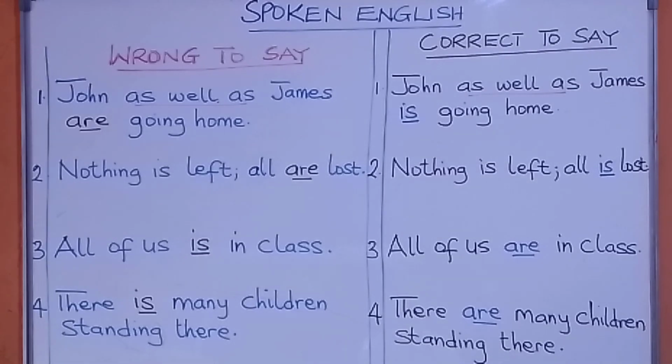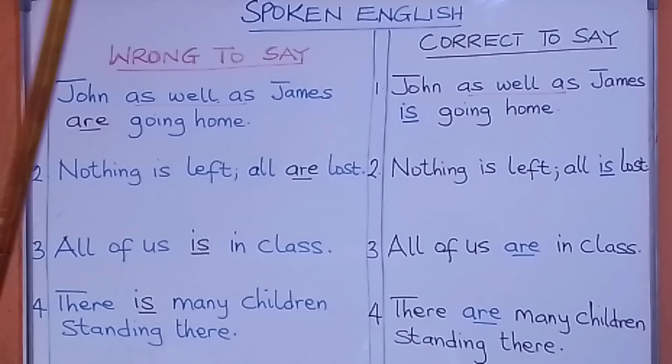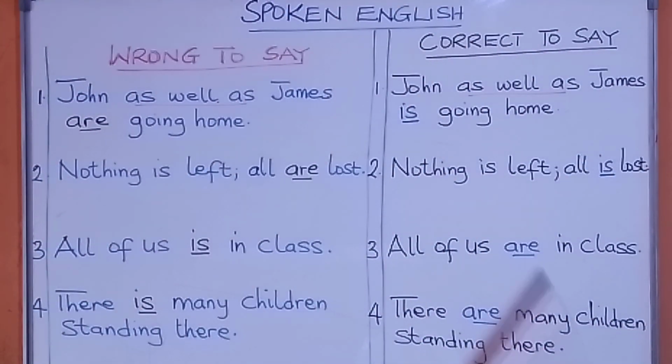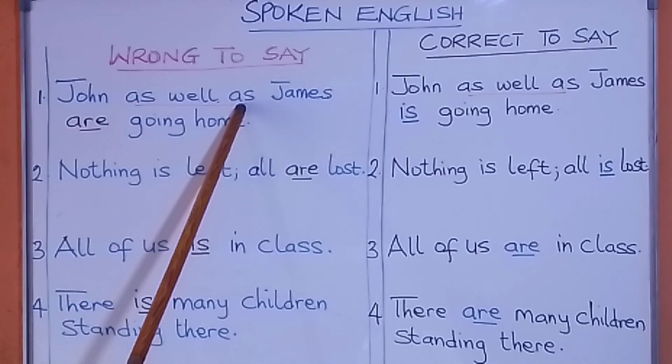That means if you use two singular nouns, you have car, you have bus, or you have mobile, singular noun, and you have pen, singular noun. Two singular nouns joined by "as well as", we use a singular verb.